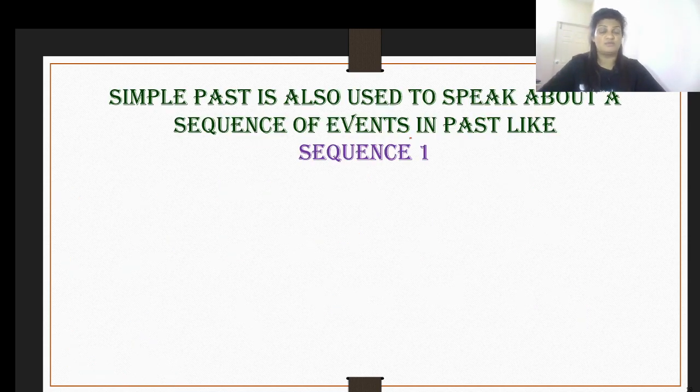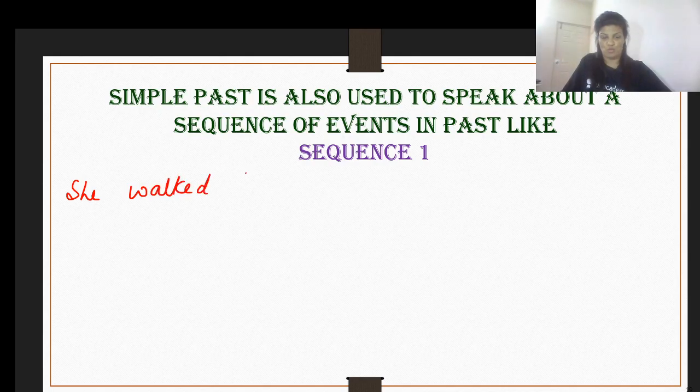Besides this, it is also used when you are narrating an event or a sequence of events in past. Like, for example, if I were to say, she walked into her house. Pay attention because this is really interesting.